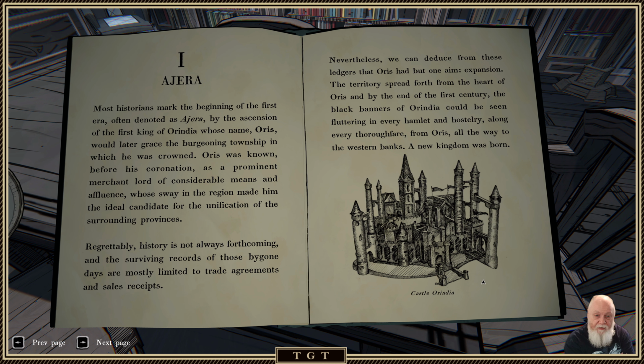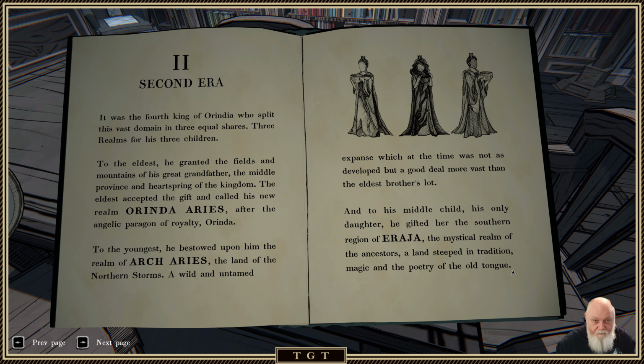The territory spread forth from the heart of Oris, and by the end of the 1st century, the black banners of Orindia could be seen fluttering in every hamlet and hostelry along every thoroughfare from Oris all the way to the western banks. A new kingdom was born. 2. Second era.